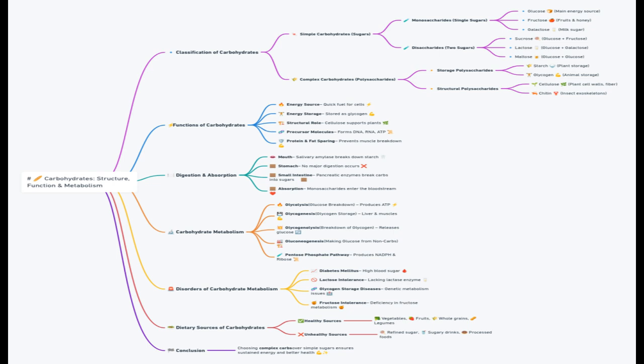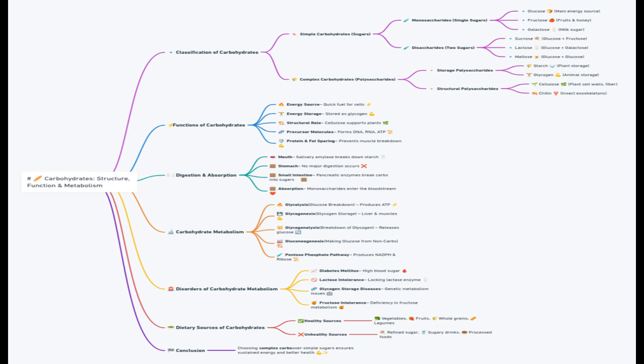But remember that the classification of carbohydrates could be done based on the number of carbon atoms, the position of the carbonyl group, or the functional group. The functional group is an aldehyde, and then that of a ketone.